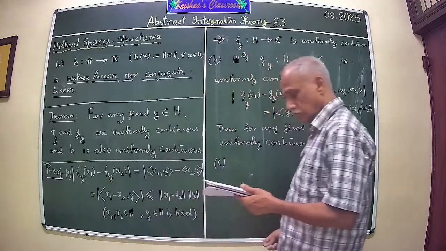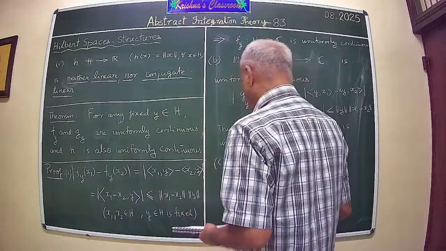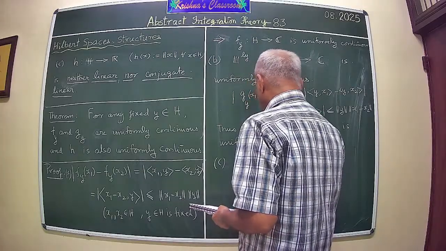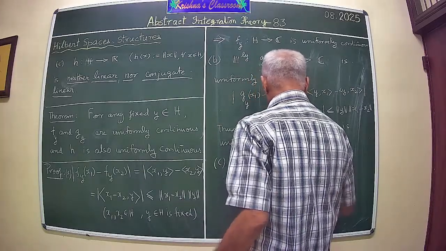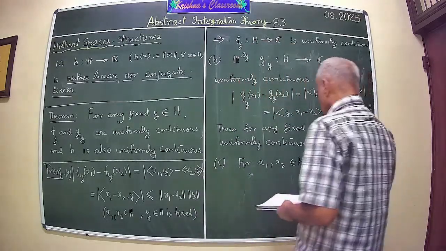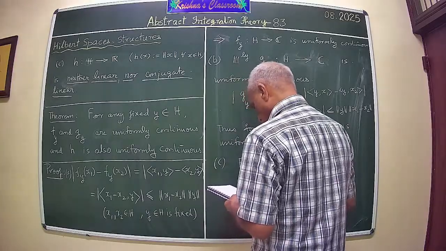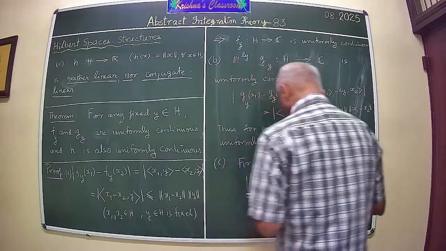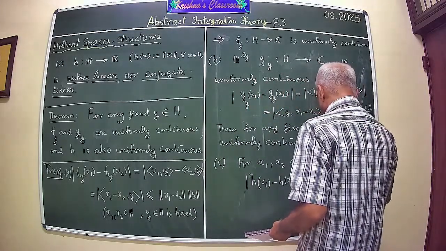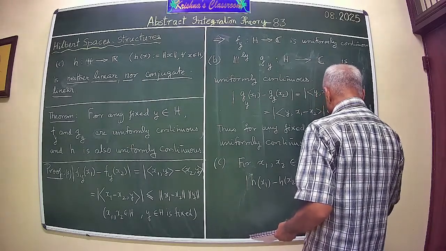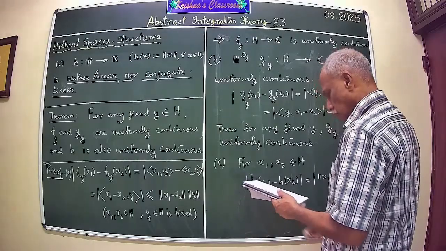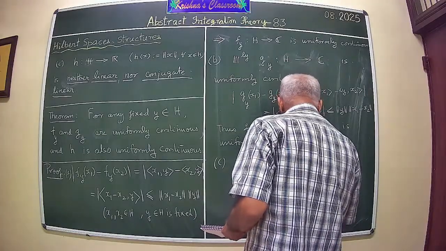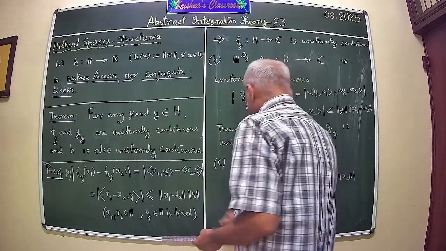Now, what about the norm, what about H? For x1 and x2 belonging to H, you see that modulus of H of x1 minus H of x2 is less than or equal to norm of x1 minus x2. Now this is proved as follows.